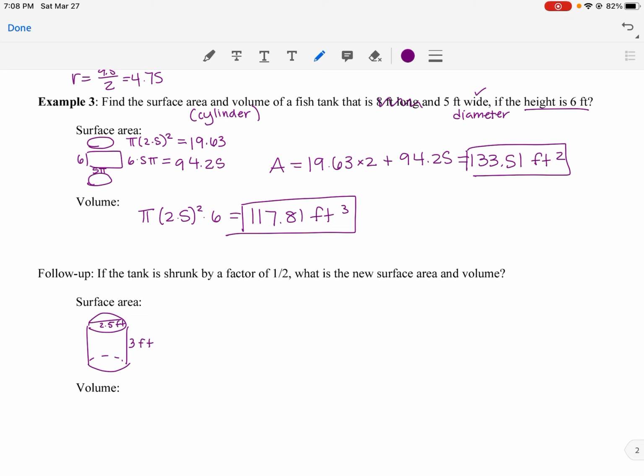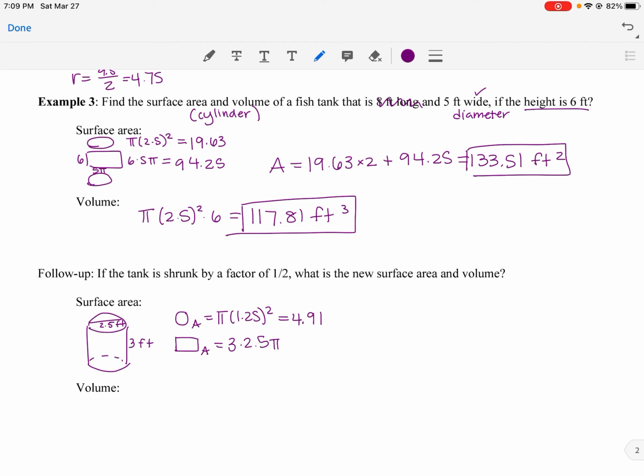Okay, so now if I do the area of a circle, it's going to be pi times 1.25 squared, right? Half of 2.5. So we end up with 4.91. And the rectangle area is going to be 3 times the circumference of that circle, which is 2.5 pi.